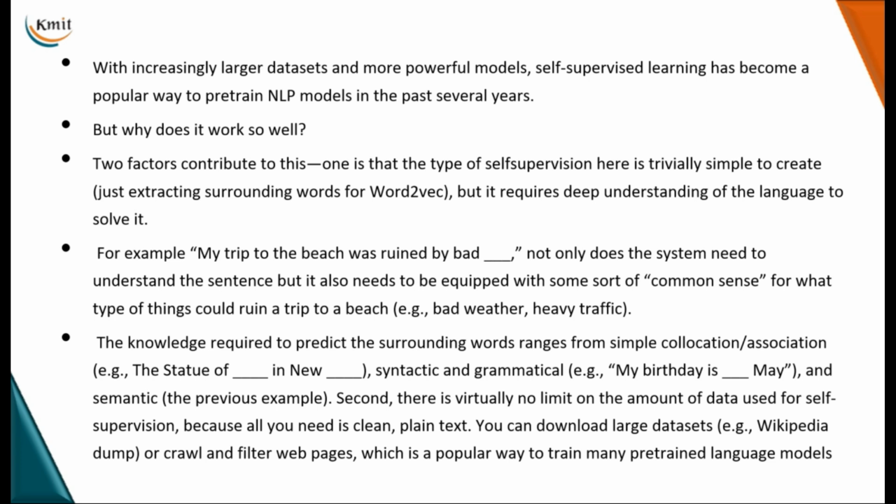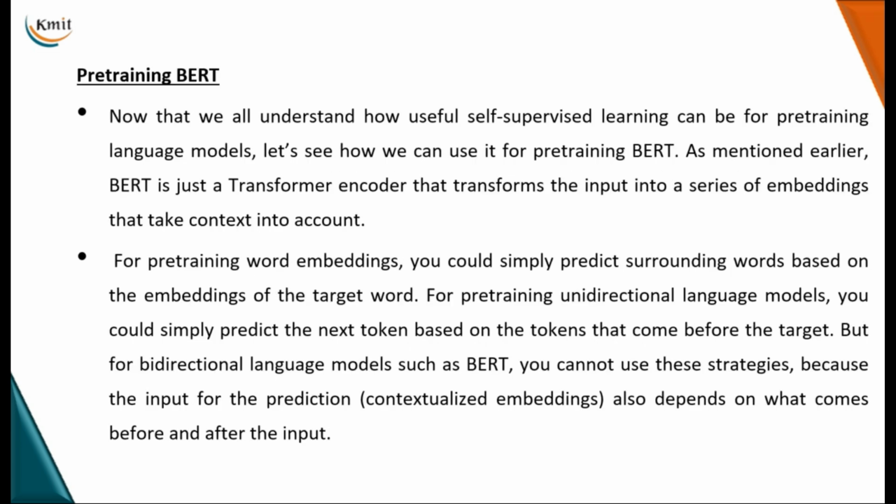The knowledge required to predict the surrounding word ranges from simple association to syntactic grammar and so on. All these things can be done only by the use of pre-trained language models. Hence, not just using BERT, but we also have to pre-train that BERT.